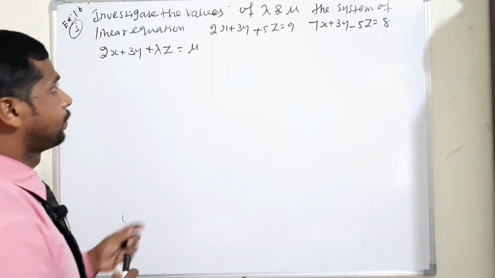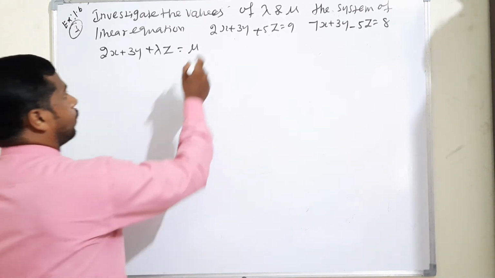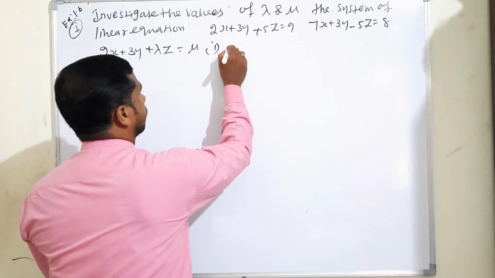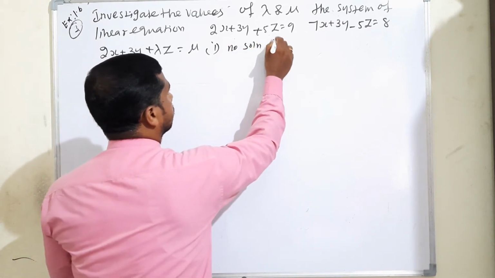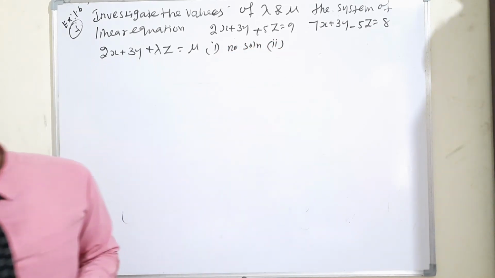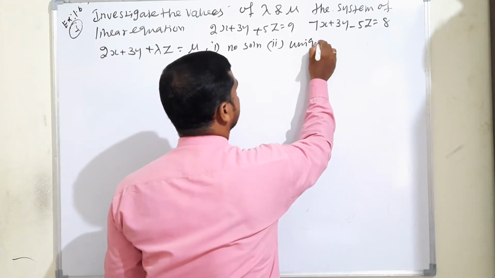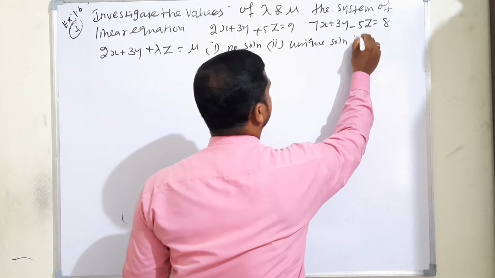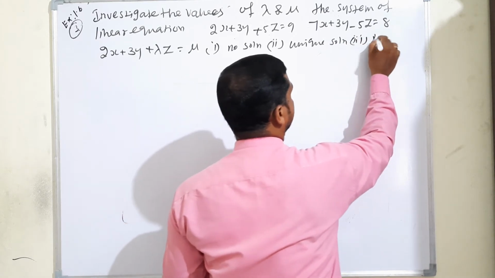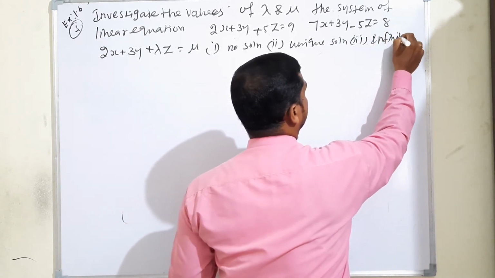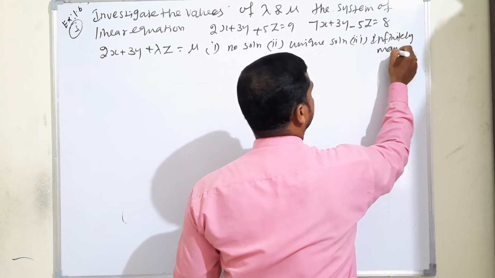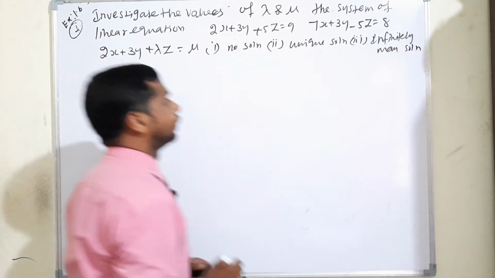Same condition. First, what you have to find out? No solution. Second one, unique solution. Third one, infinitely many solutions.